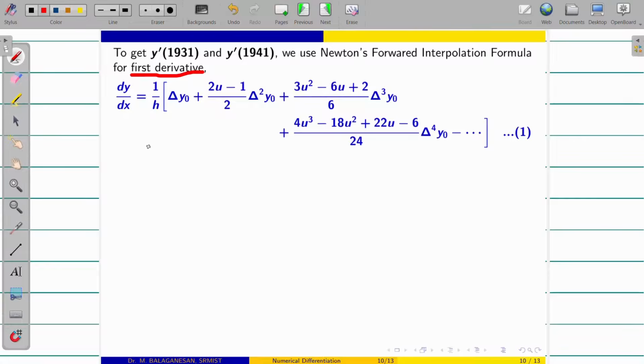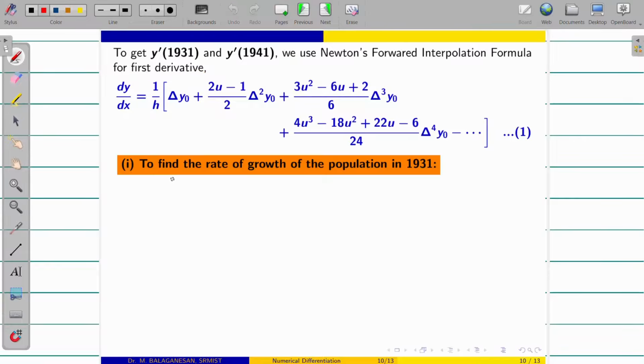This was the formula. Now we have to find the value of u. First, to find the rate of growth of population in 1931, that is y dash, meaning dy by dx at 1931, that is x equal to 1931. Whatever value we are going to find, you know very well, that will be our x. Now we have to find the u value.